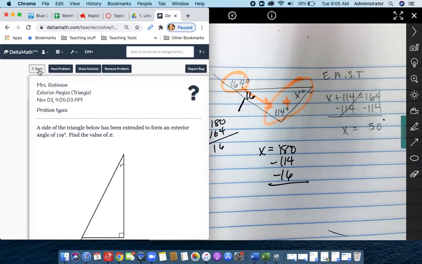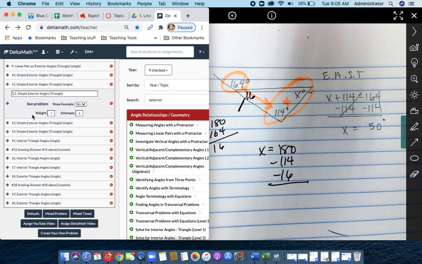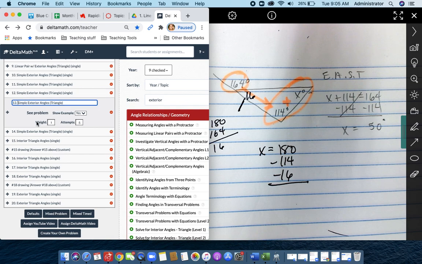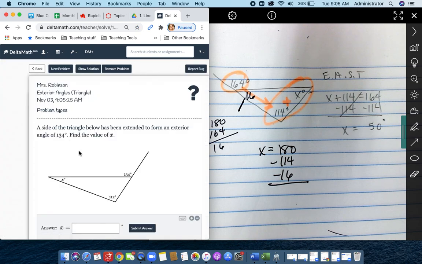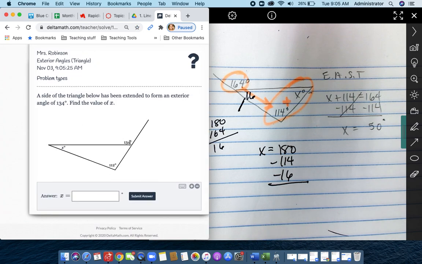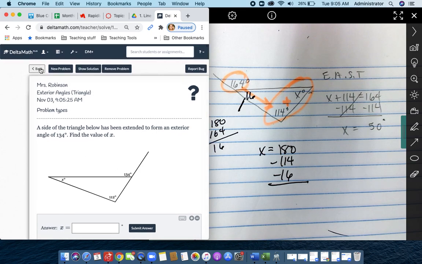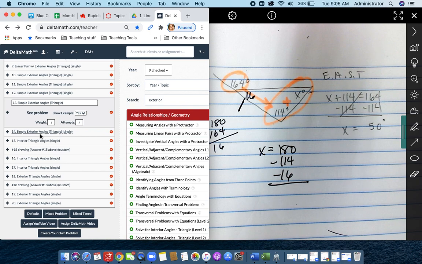I would draw this down and then write the equation. 134 will equal x plus 112. So you'll go through and find those. So you'll do those through number 10.